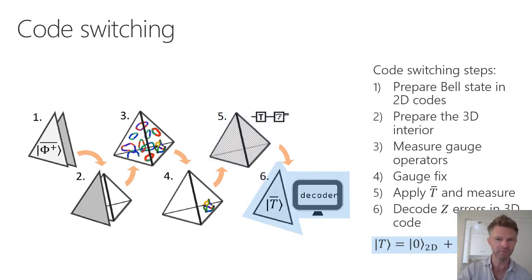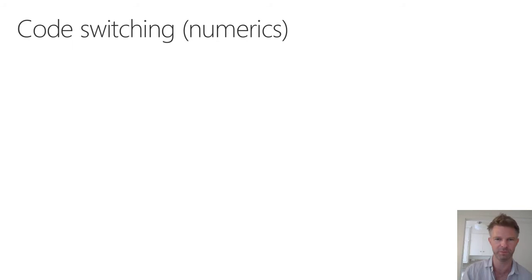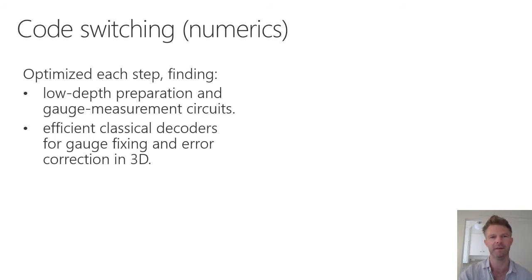Okay, so to simulate this, we implemented that full protocol end to end. Of course, that required many things to be specified, exactly how the gauge operators would be measured. We needed to develop decoders, so we needed to develop a decoder for gauge fixing.